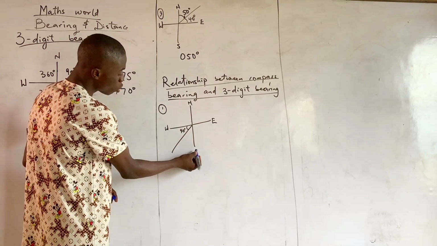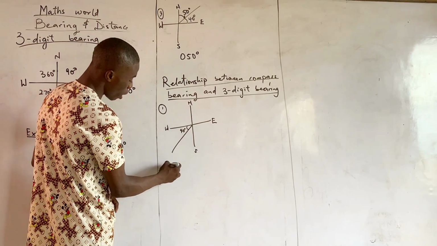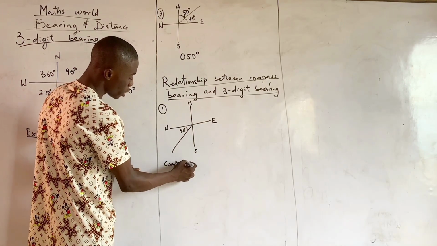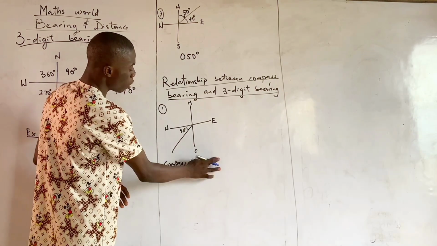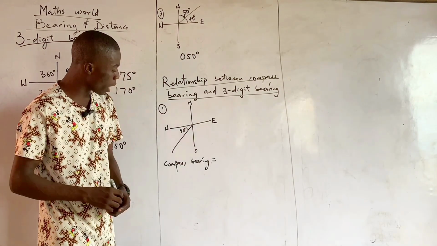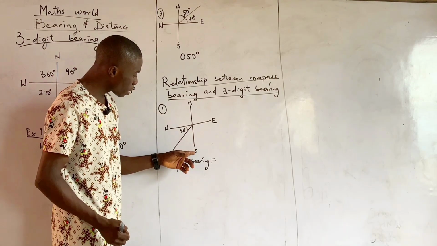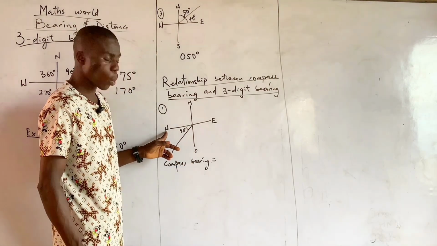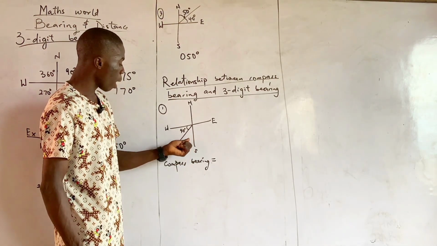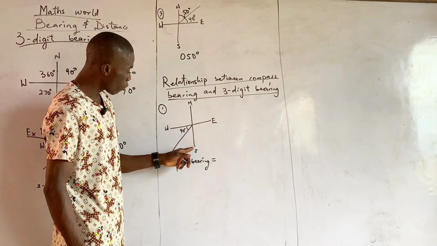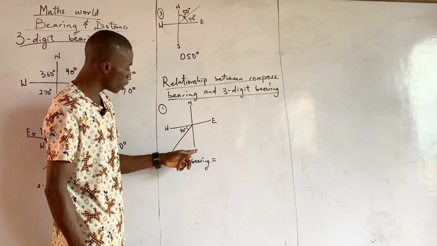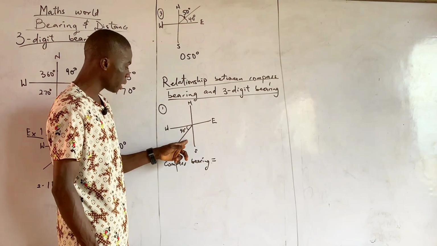So if you now want to say this in compass bearing, let's do the compass bearing first. What is now the compass bearing? From south towards west. That's where the direction is, but in what degree? We can see that the degree between south and west is 90 degrees.